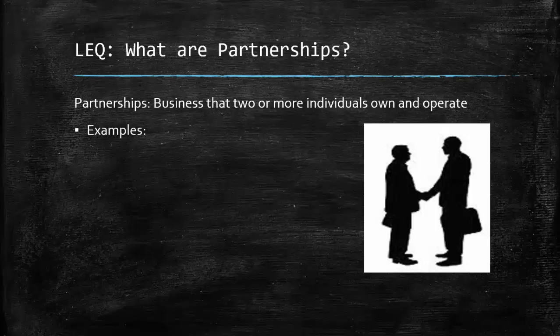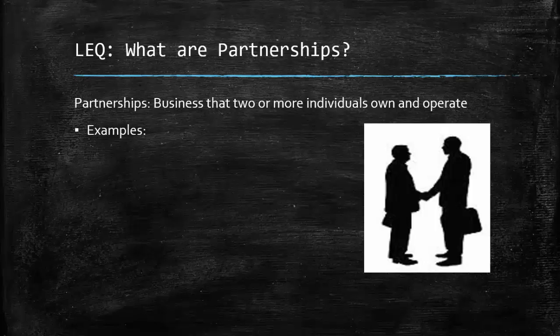There are some very large medical practice industries out there that have over 100 different partners. Now, in general, most partnerships are 2 or 3 people, but it is simply a business that is owned by 2 or more individuals. For the sake of simplicity in class, we will consider a partnership to be owned by simply 2 individuals. But I want you guys to know, and Watson Clinic is a great local example, you can have many different partners.